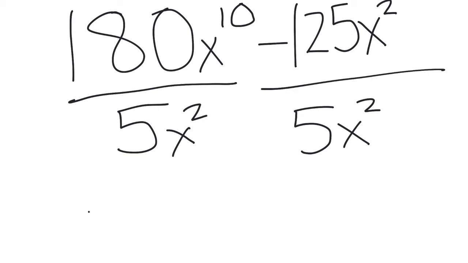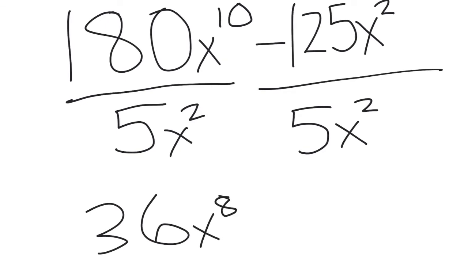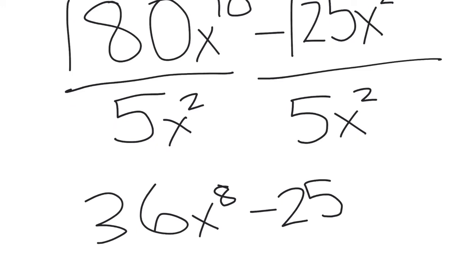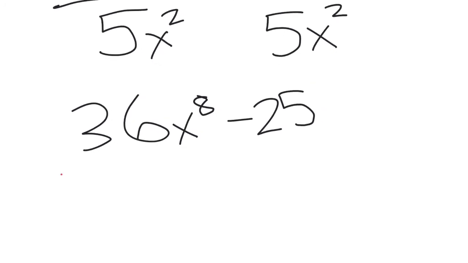36x to the 8th and negative 25. Okay, so now we are going to do the same x that we did last time, and we're going to take the two outer numbers again and put them up in the top.